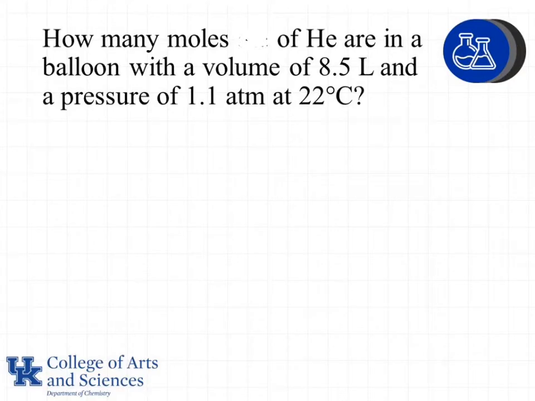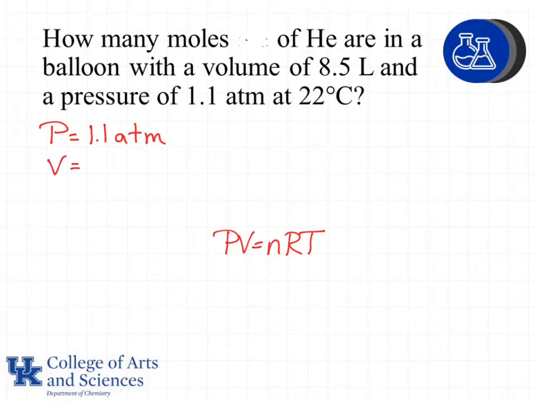Another example using the ideal gas equation. How many moles of helium are in a balloon with a volume of 8.5 liters and a pressure of 1.1 atmospheres at 22 degrees Celsius? We look at our equation, PV equals nRT, so that we know which variables we need to determine. Looking at the problem, the pressure is 1.1 atmospheres. Next, we look for the volume, which is 8.5 liters.